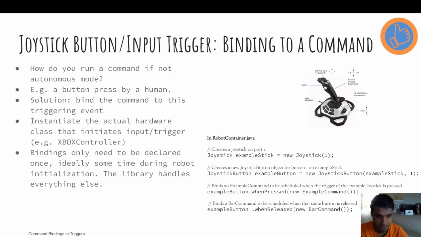Let's say you have an Xbox controller. WPILib has an Xbox controller class. Let's say you have a joystick that looks like this. There's a joystick class. This is just the USB port that it's plugged in on that you can see on the driver station. And basically it'll just create a new joystick object, and you can say, when this button is pressed, I want to do this command.